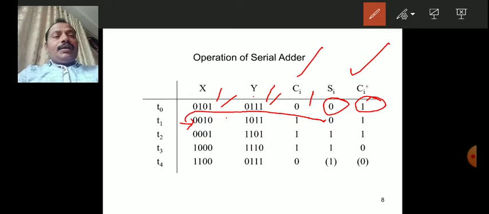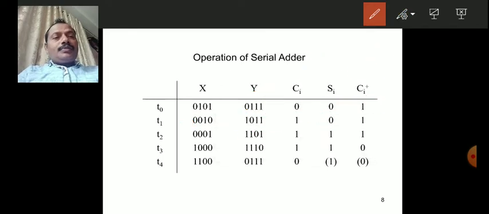That means this 1 is shifted to the MSB, and all the bits respectively shift by one position. Hence we got this number, 1 0 1 1, like this. So this is the bit pattern after rotation.